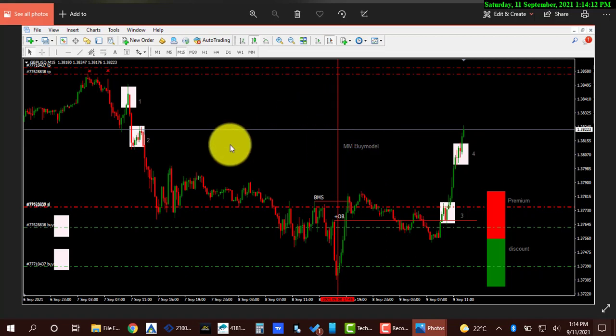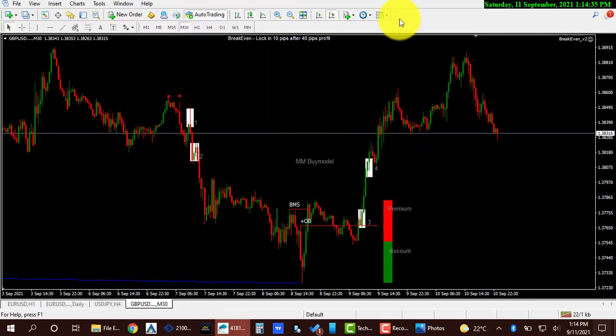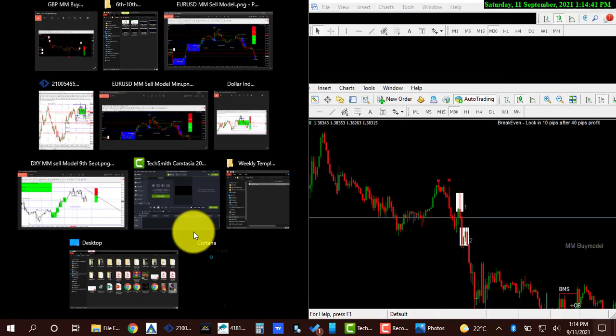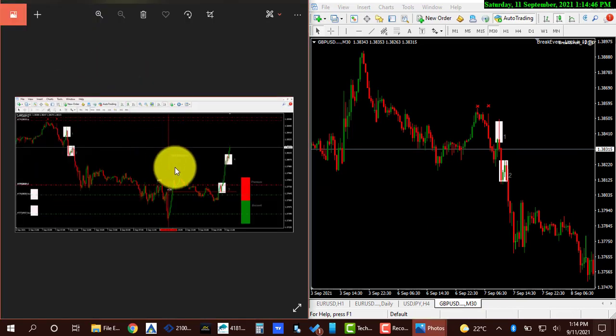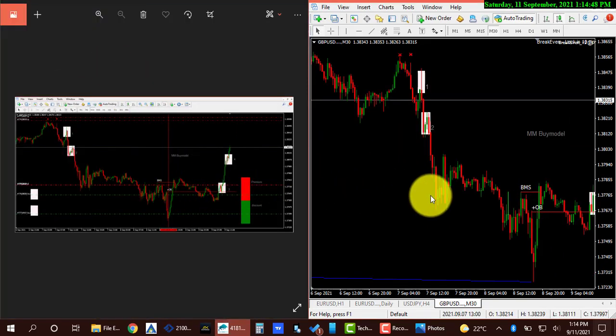When it was being formed, I actually had orders in the market, and I got to see it after price took out this high over here. That's how I checked, and then I was expecting the market maker buy model, and this is what actually happened.